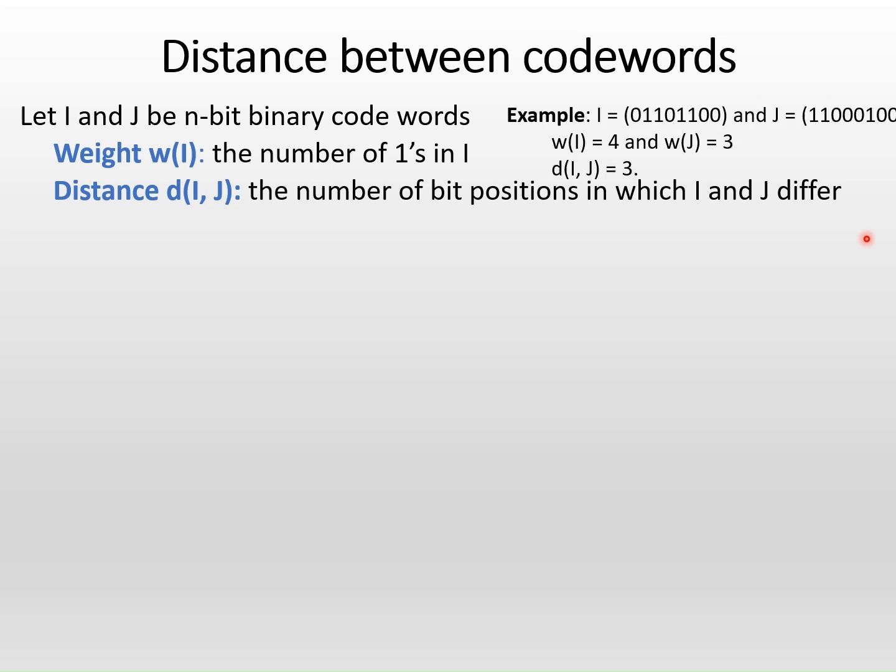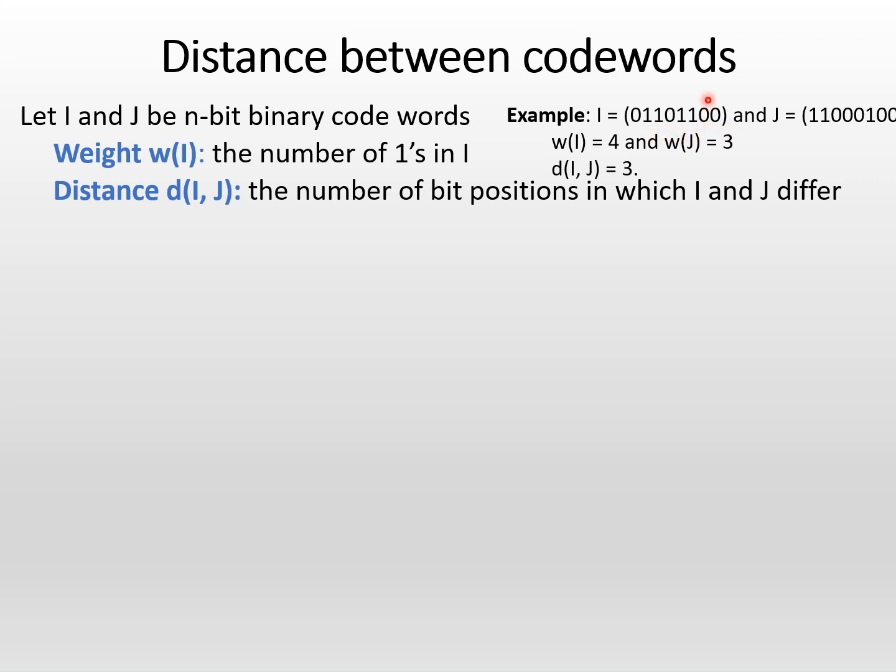In this coding system, it is important that the code words have more distance. More distance is better than less distance. Suppose in this example, i is a code word, 8 bits long, 0 1 1 0 1 1 0 0.